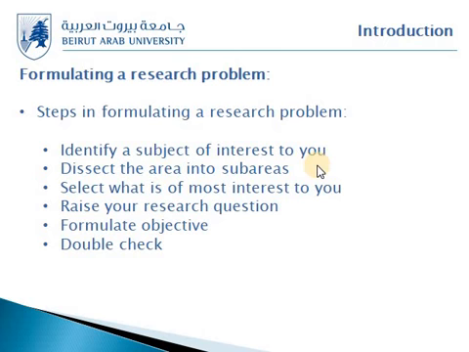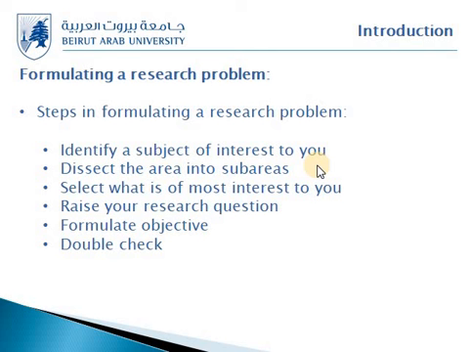The second step is to dissect the area into sub-areas. For example, the more you think or read about an area, the more sub-areas you will identify. So in preparing your list of sub-areas, you should also consult others who have some knowledge about the area, and you have to look into the literature review in this subject area.